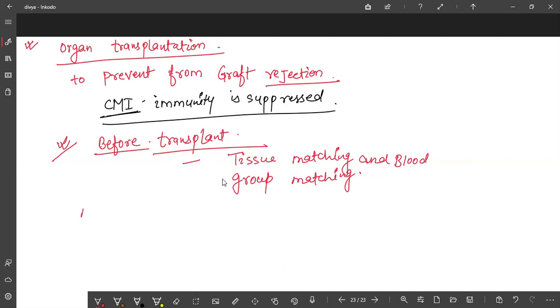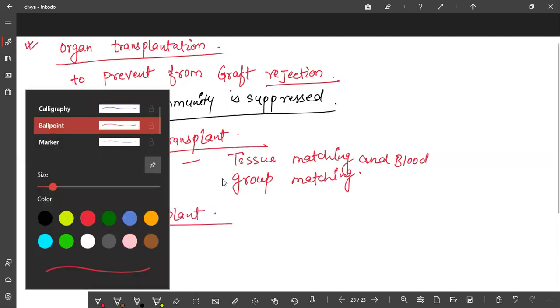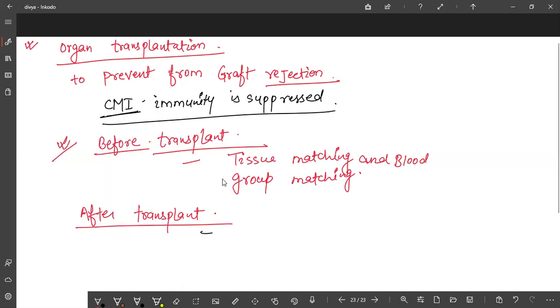But after transplant, cell mediated immunity is suppressed by what? Immunosuppressive drugs. What types of drugs are given to the patient?